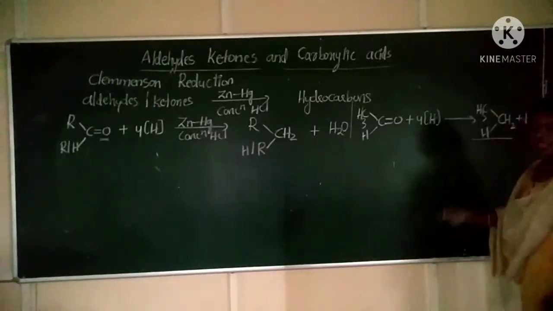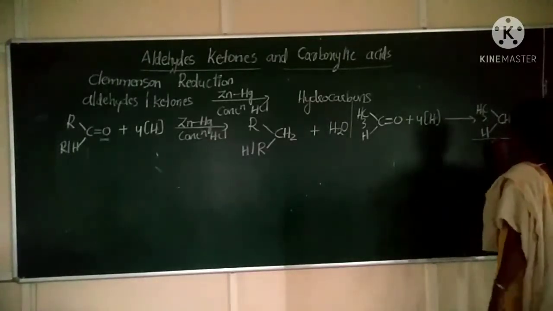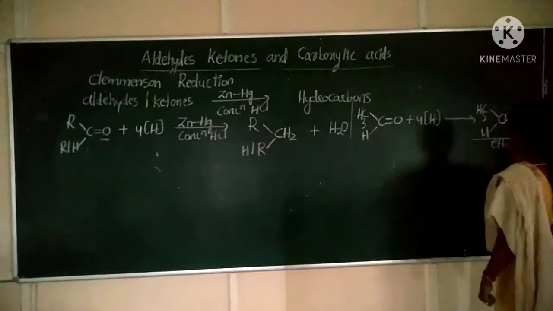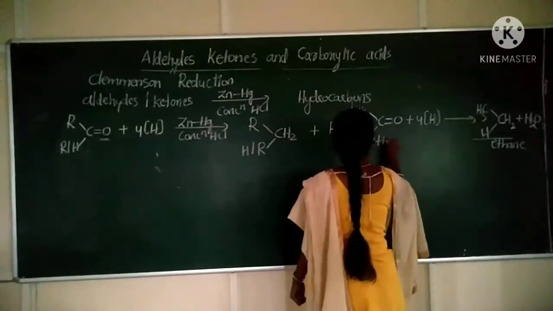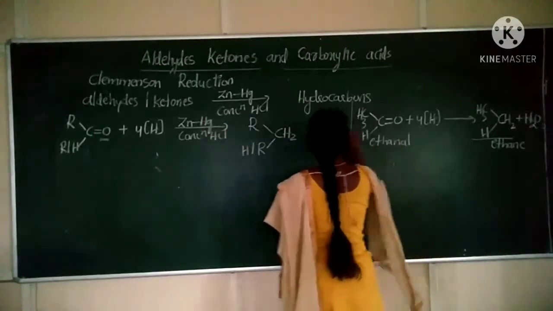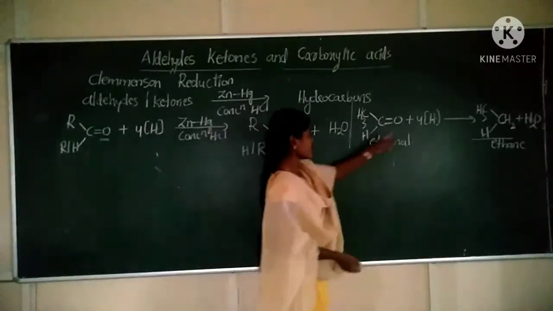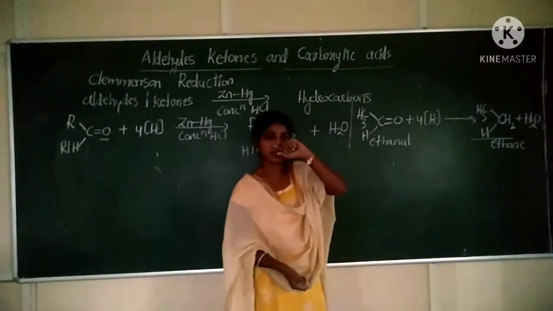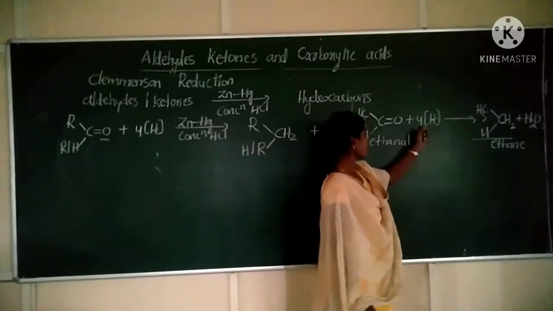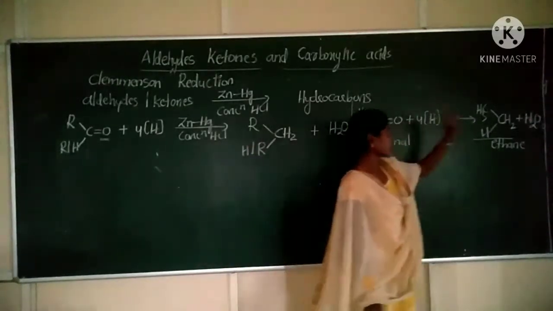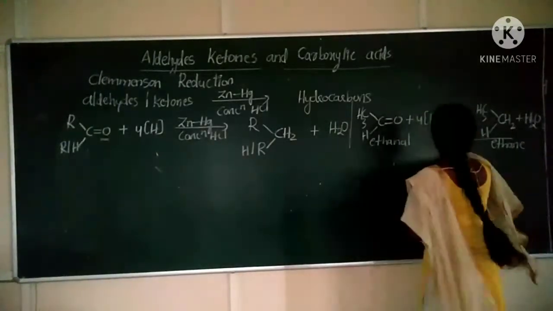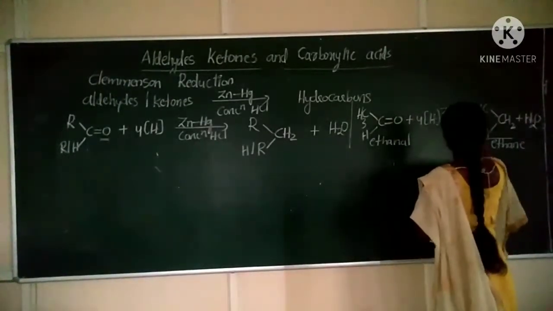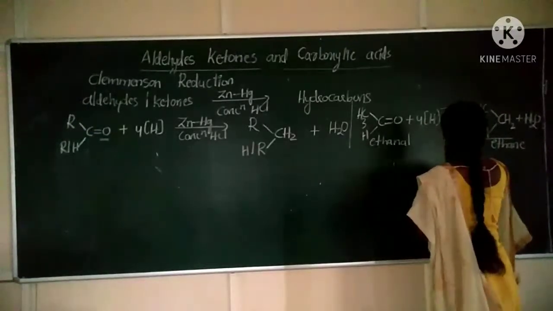So, what is its name? CH3, CH2, CH3 is nothing but what? Ethane. Yes. So, this is what the definition says. Reduction means addition of hydrogen and removal of oxygen. Reduction of aldehydes into corresponding hydrocarbons in the presence of zinc amalgam and concentrated HCl.